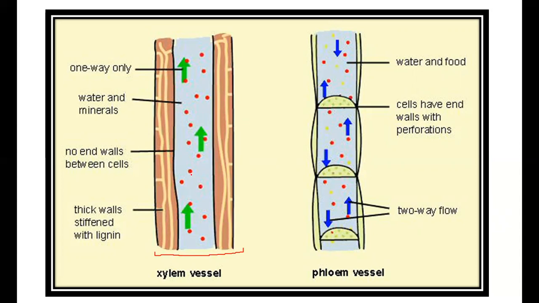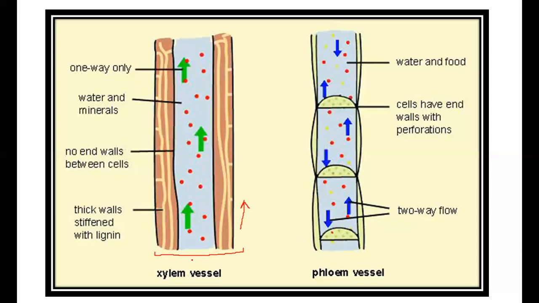From the diagram, we can see that the material flows from downward to upward, in this direction. Xylem conducts only minerals and water absorbed by the root, and this material must reach the leaf. So in case of xylem, the movement of material is unidirectional, from downward to upward.